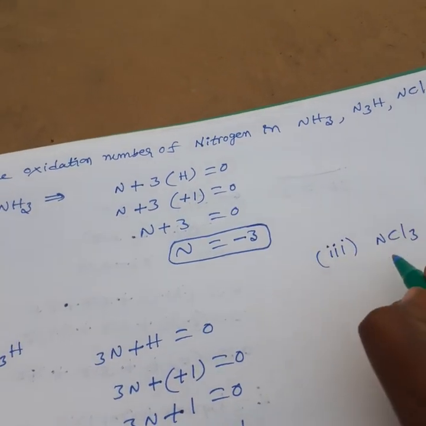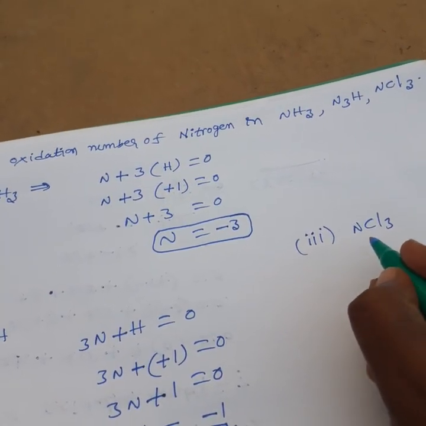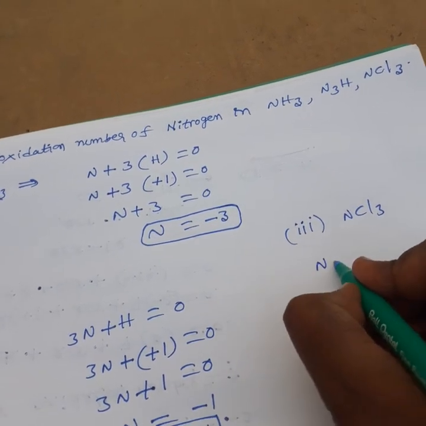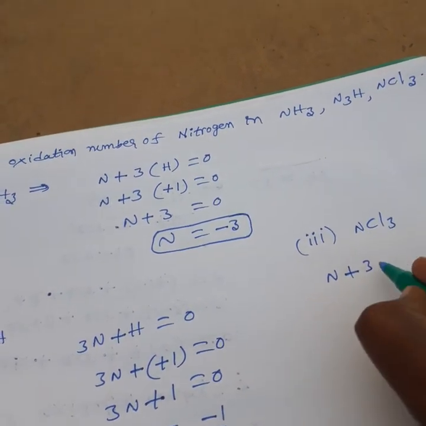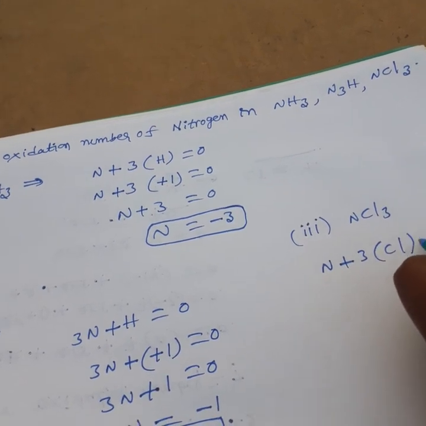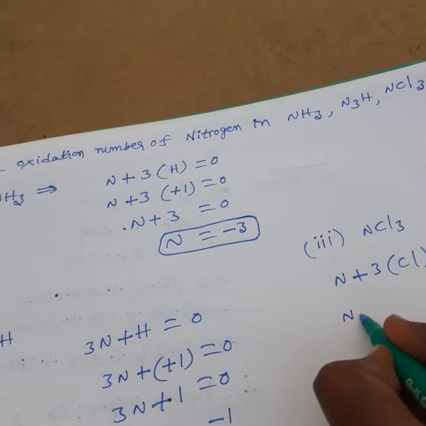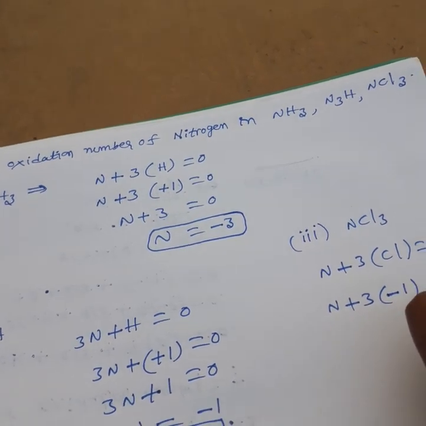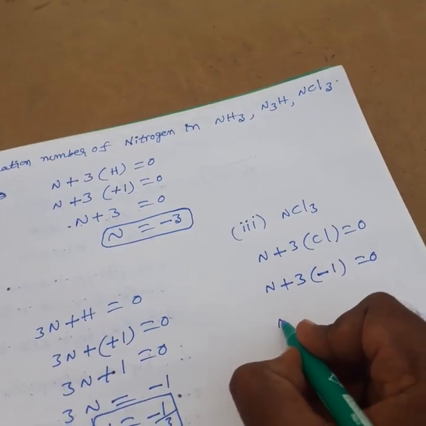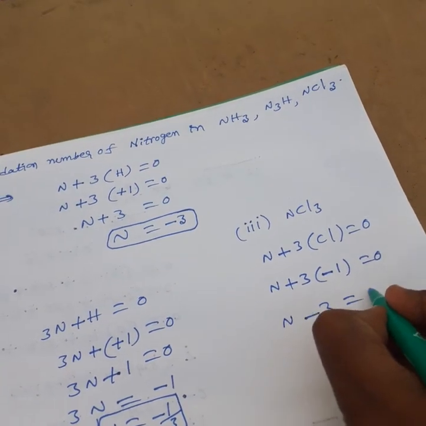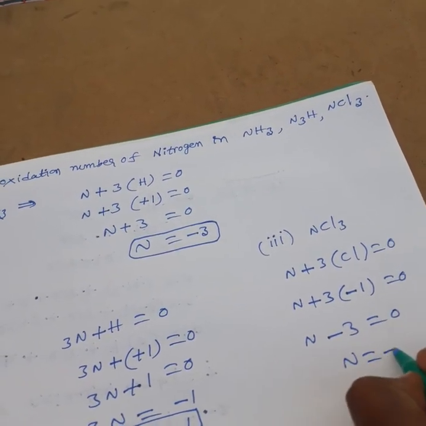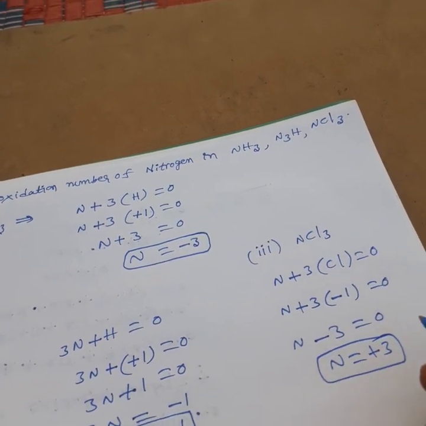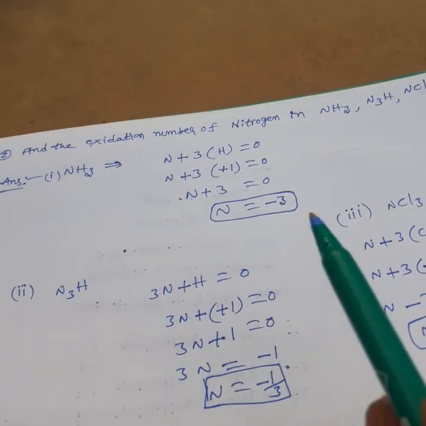And the third one, NCl3. In NCl3, N plus 3 into Cl is equal to 0. N plus 3 into minus 1 is equal to 0, and N minus 3 is equal to 0, so N is equal to plus 3. Here we can observe three conditions.